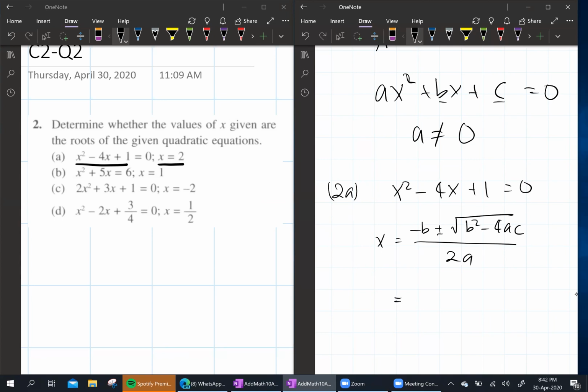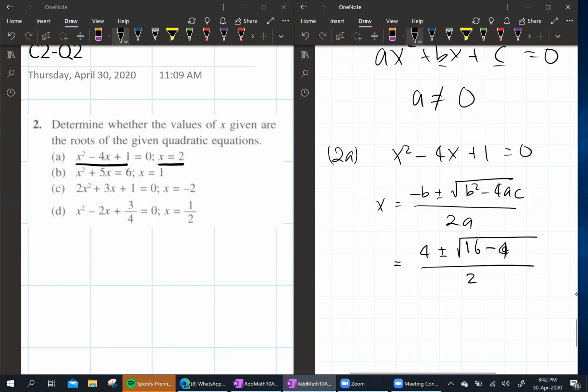4 plus or minus the square root of 16 minus 4 times 1 times 1, over 2, equals 4 plus or minus the square root of 16 minus 4, which is 12.